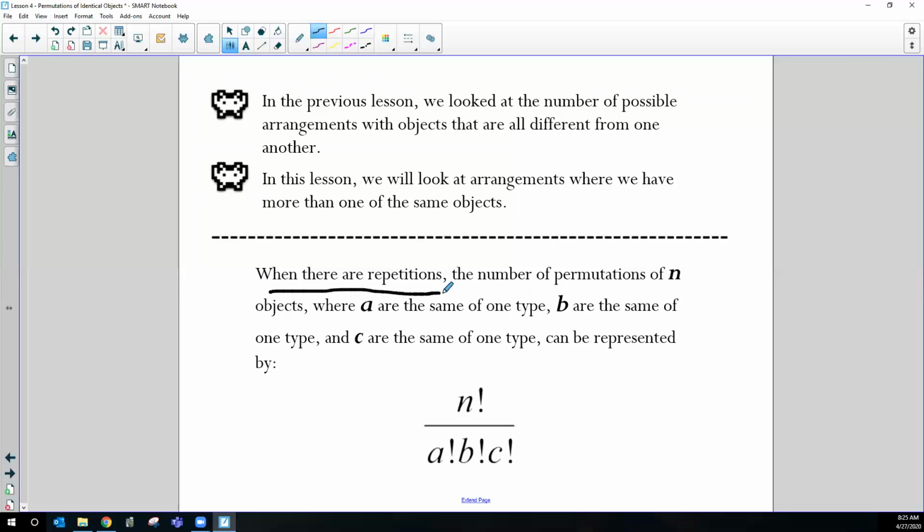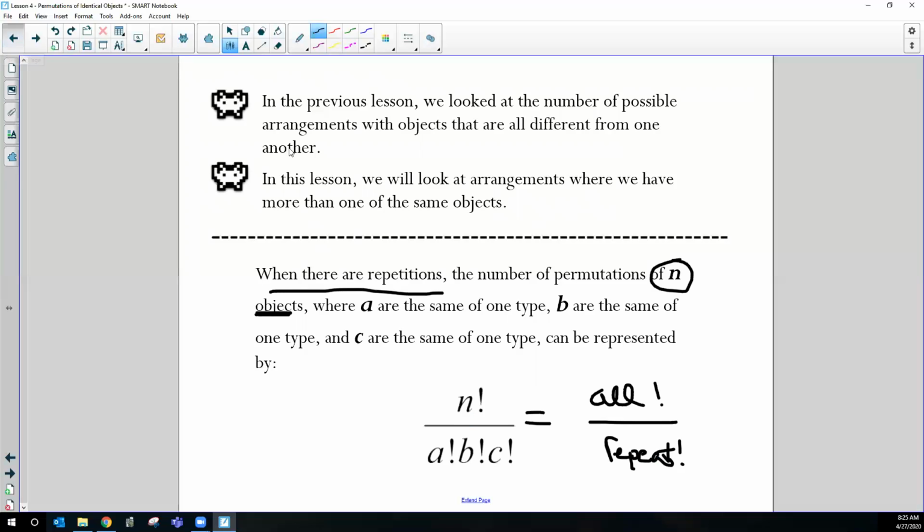When there are repetitions, the number of permutations, n factorial, where A and B and C are one type, can be represented by this formula. Basically this is a fancy way of saying take the total number, factorial, and then divide by the ones that repeat. Why they have A, B, C is because if you have multiple letters that repeat, you just calculate them separately.